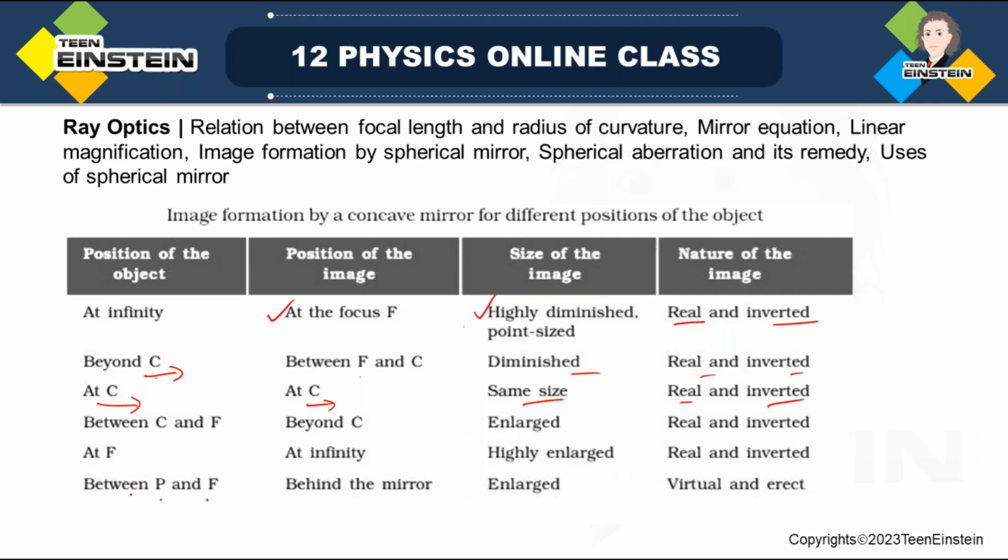So what I'm trying to say is that if we keep the object between pole and focus, then the image will form behind the mirror. It will be enlarged, but this will now be a virtual and erect image. I'll show you here.